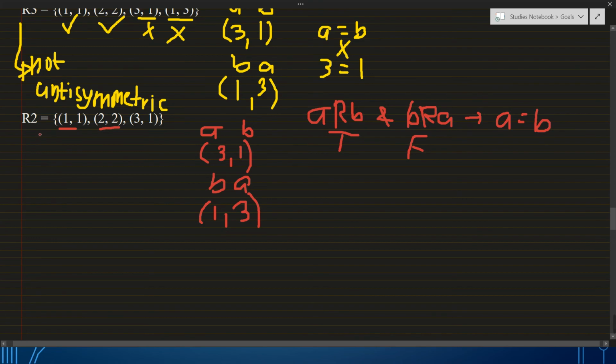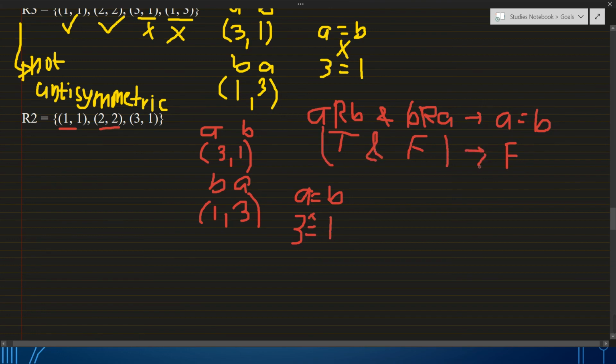To prove that it is antisymmetric, let's look at this conditional statement. Before that, let's check A equals B. Is A equal to B? Is 3 equal to 1? No, they're not equal. So it gives A equals B a false value.